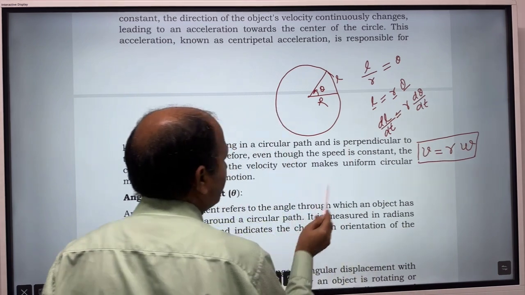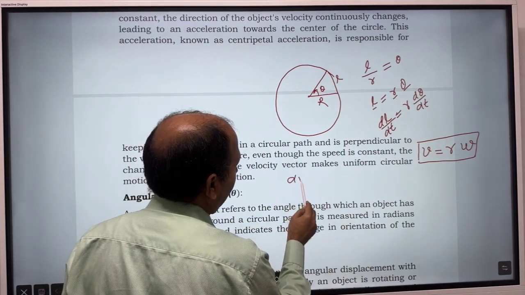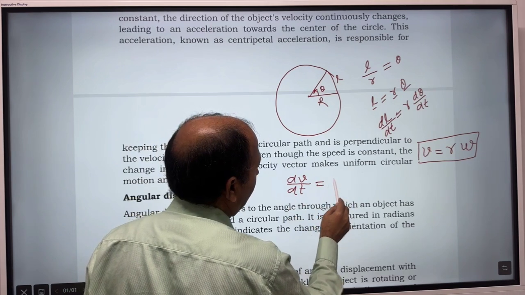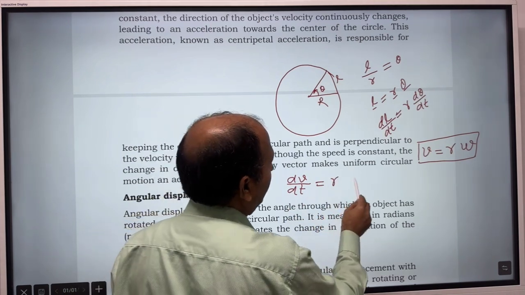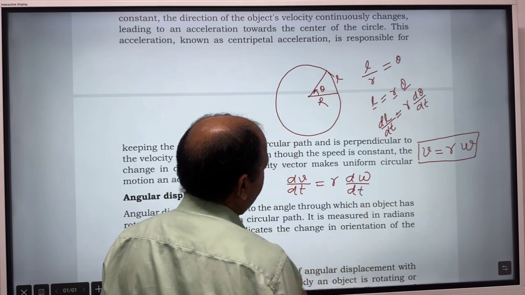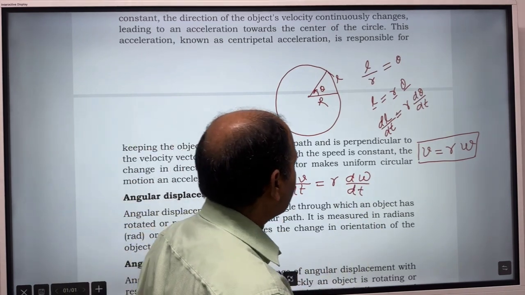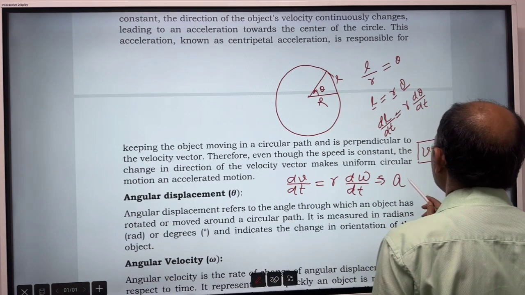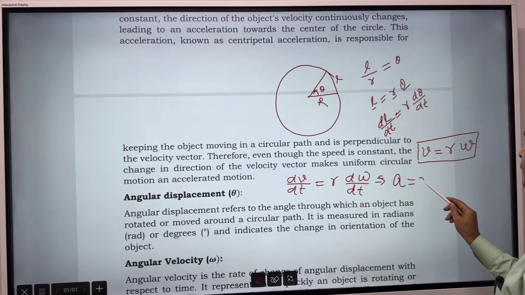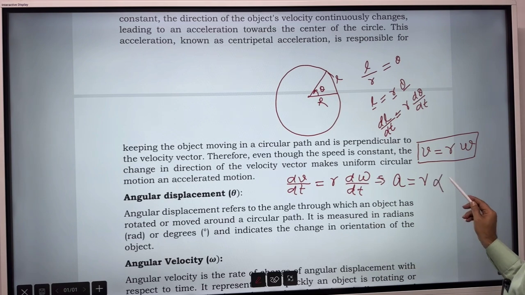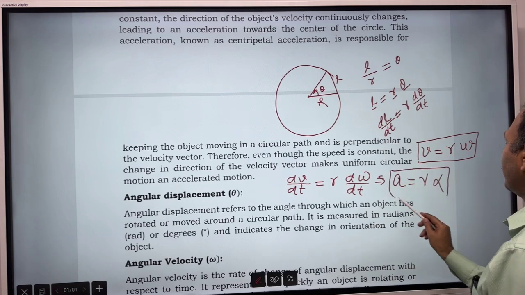If we further differentiate, we get dv upon dt, which is equal to r d omega by dt. dv upon dt is linear acceleration denoted as a, r is radius, and d omega by dt is angular acceleration denoted as alpha.